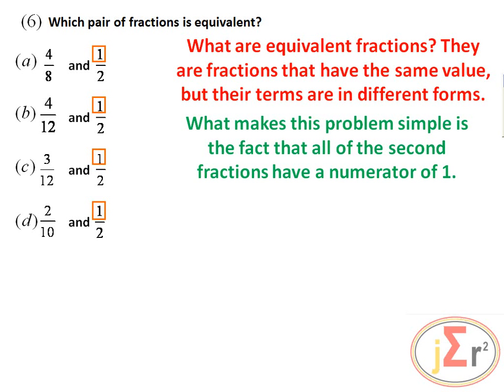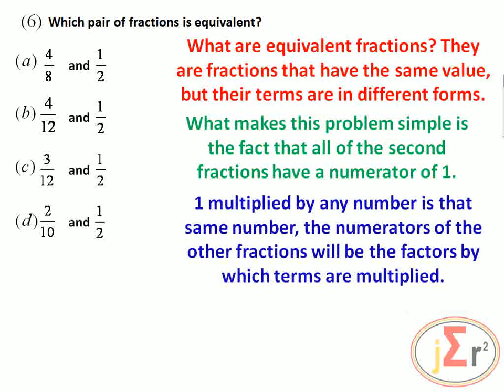In this particular case, the first principles that we are about to apply are made simple to explain because each second fraction has a numerator equal to 1. 1 multiplied by any number is the same number. The numerator of the other fractions will be the factors by which terms are multiplied.